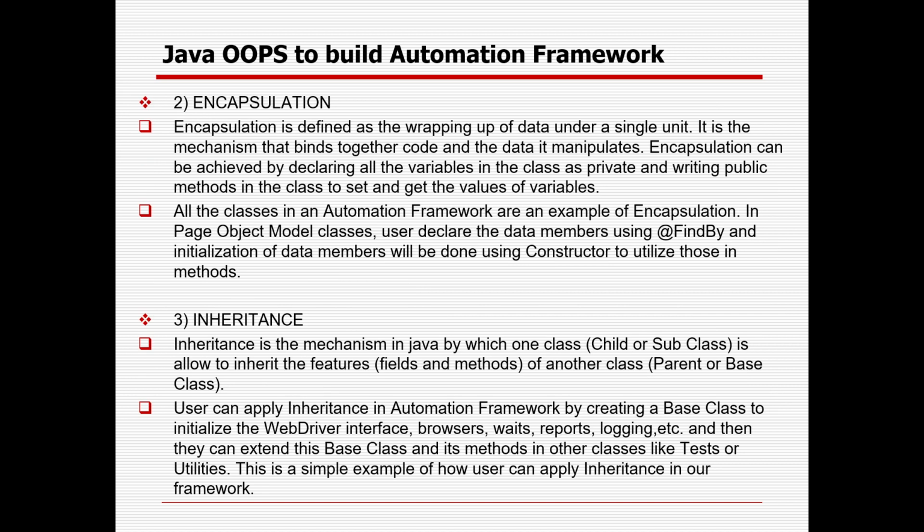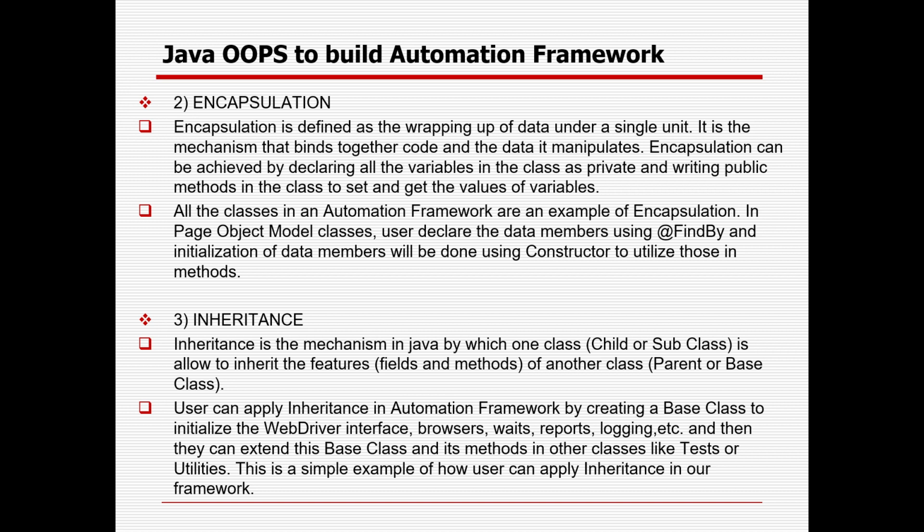Then encapsulation. What is encapsulation? Encapsulation means the private variable and the public method. In case you are creating private variables, those variables will not be accessible in the main method outside the class. But in case you want to use them, you have to create a public method with the help of getter and setter.